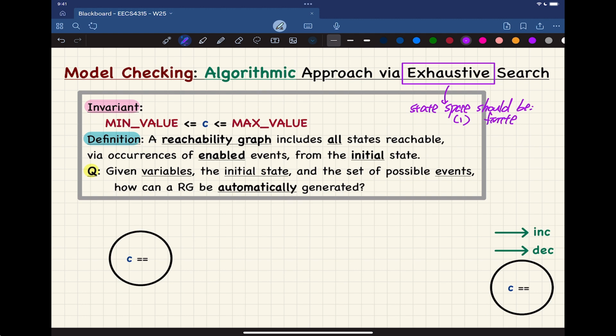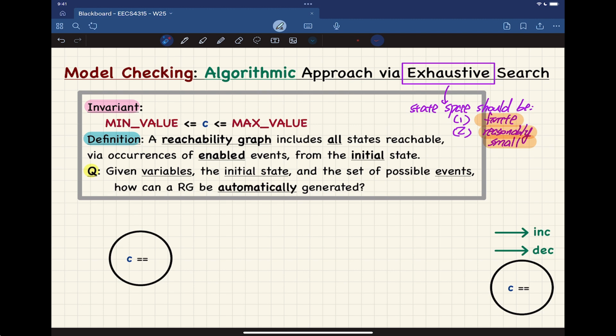If it's simply infinite, your algorithm will never terminate, right? It's intuitive. Number two, it should be reasonably small. Otherwise, it would just take too long. We just might run out of memory on the remote labs. Reasonably small. All right, so these two criteria are very, very important to know when you're doing model checking.